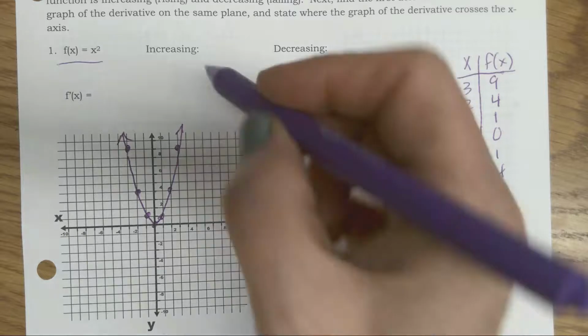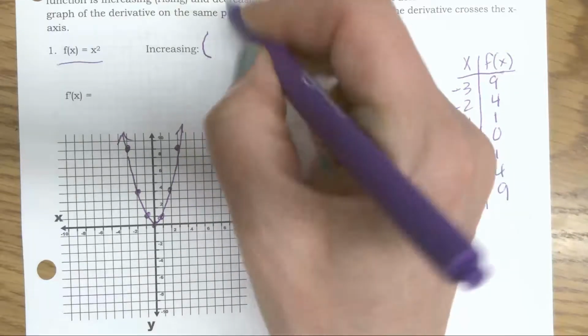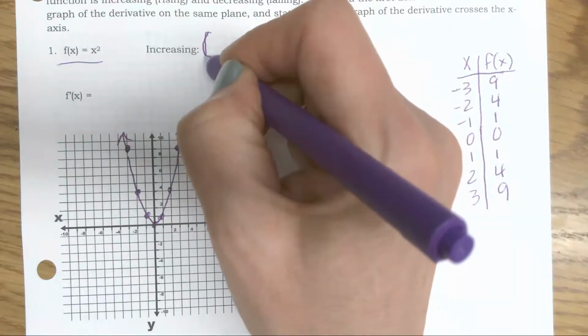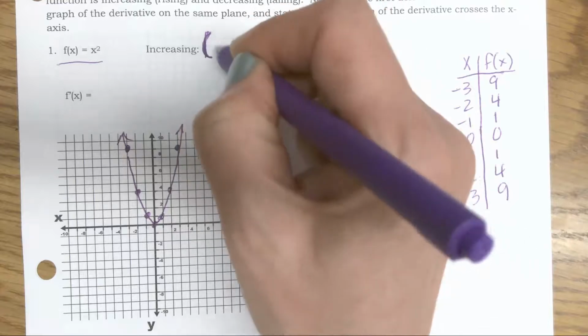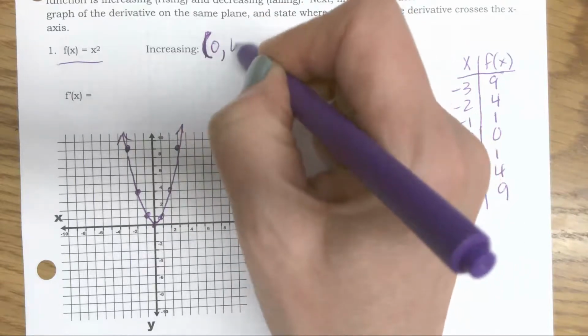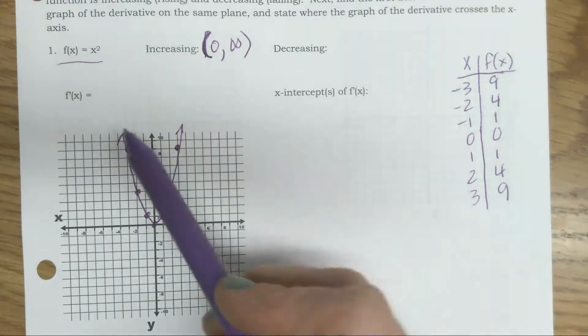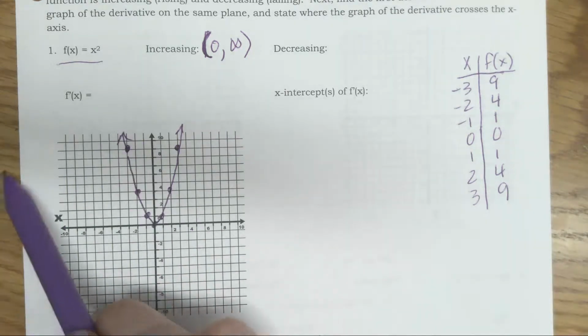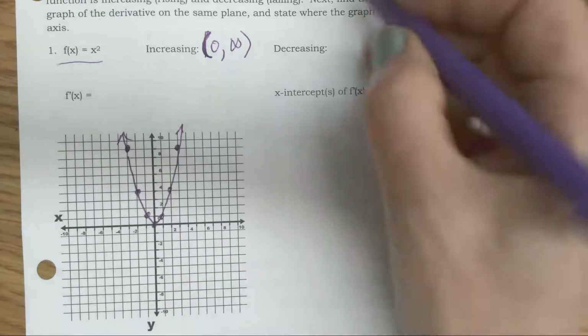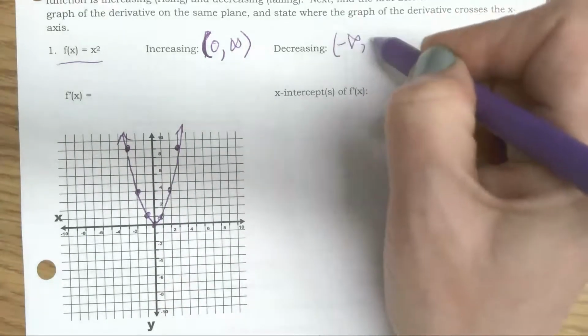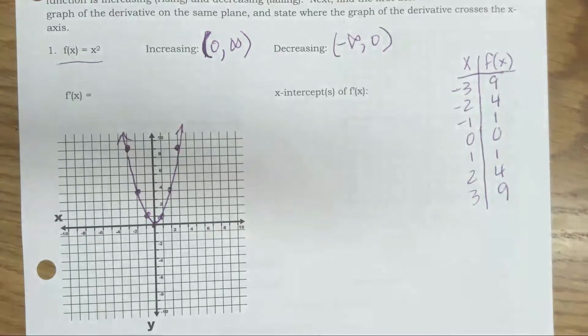So it's increasing from, I could even put, well, yeah, because at 0 is where it changes direction. So I'll go 0 to infinity. You remember doing those? Intervals? Okay. And it's decreasing everywhere else. So that's from -infinity to 0. Good? Does that seem reasonable?